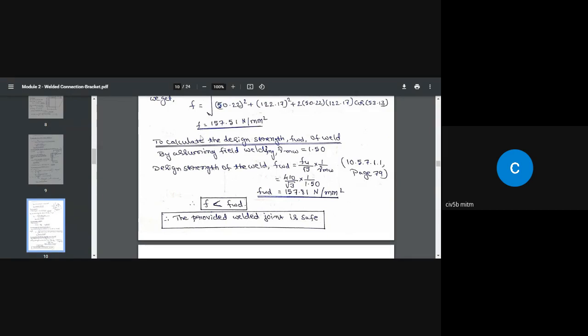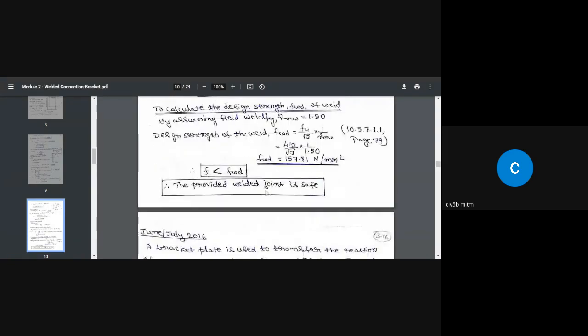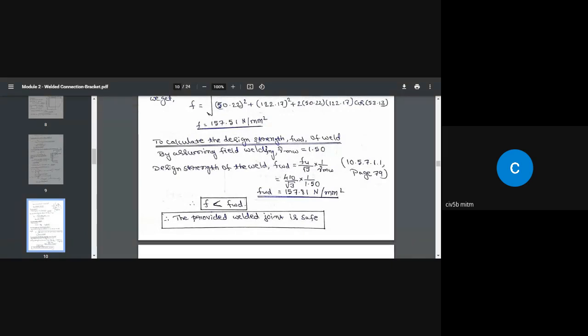In case F exceeds FWD, what it means is our design strength of the weld is less than the design stress due to the design load, then the weld is going to be unsafe. So in this case, fortunately, we got the value very close, and of course, F is less than FWD, safe.